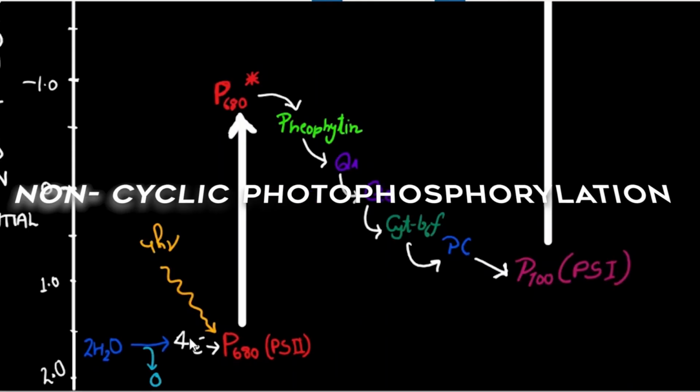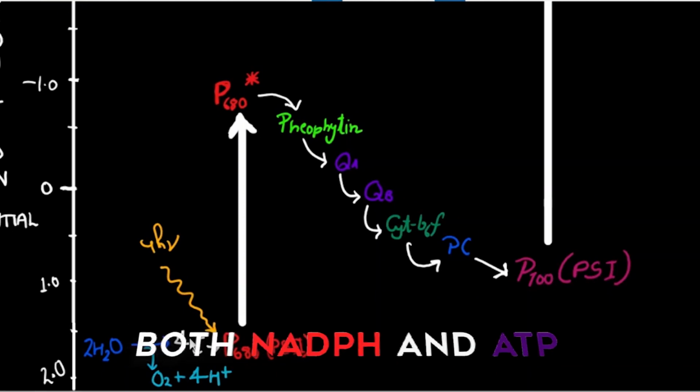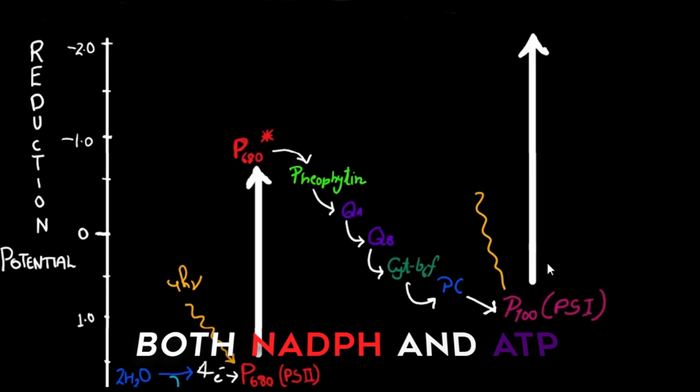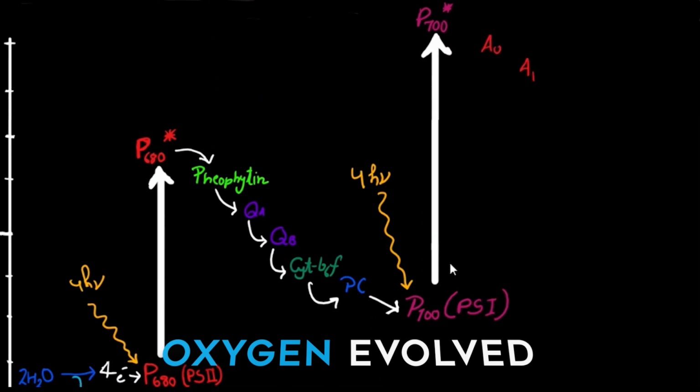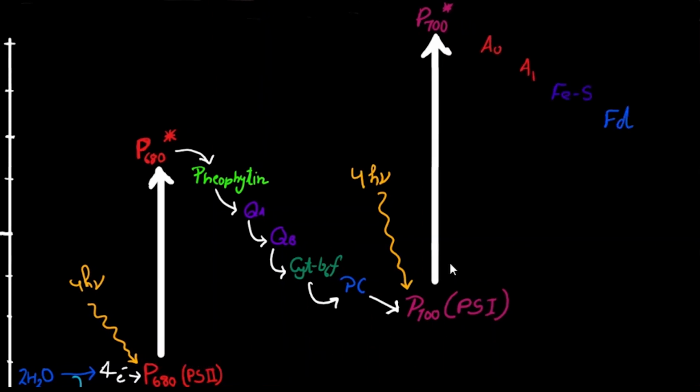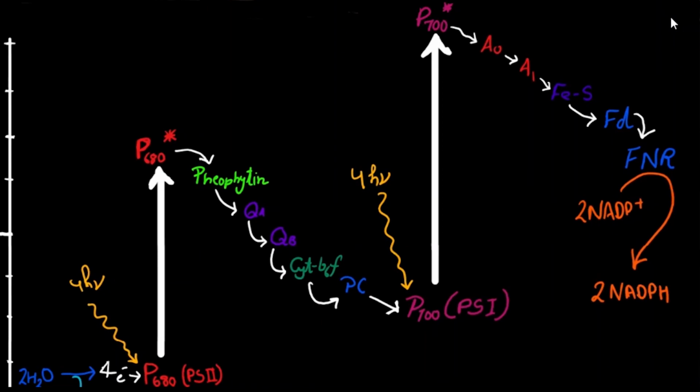And in this process, NADPH along with ATP is formed, and also oxygen is evolved because of the presence of the oxygen evolving complex. Both NADPH and ATP are found in the stroma. As the electron flow is not cyclic, it forms a Z shape. That's why it is also known as the Z scheme or the Z electron flow.